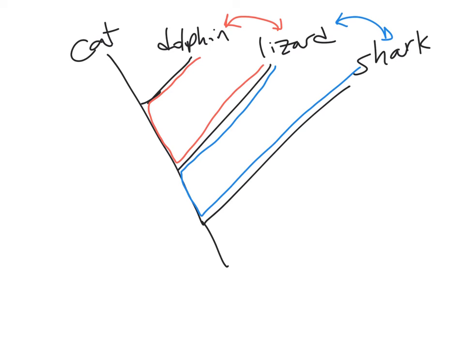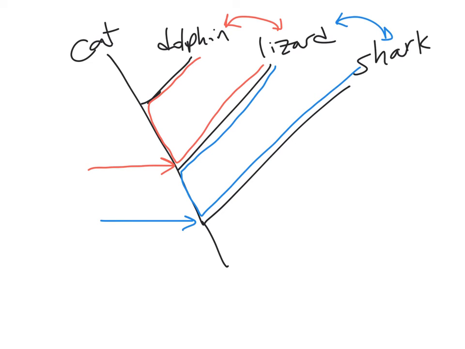So who shares a more recent common ancestor? Dolphins and lizards. So they are more closely related to each other than two organisms, lizards and sharks. You have to go farther back in time before you find the node, the common ancestor that they share.